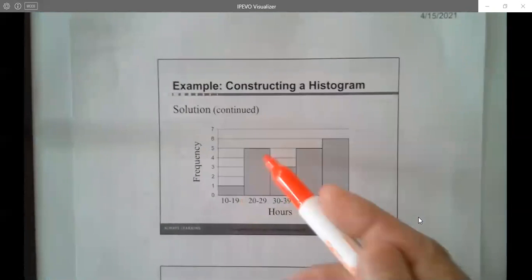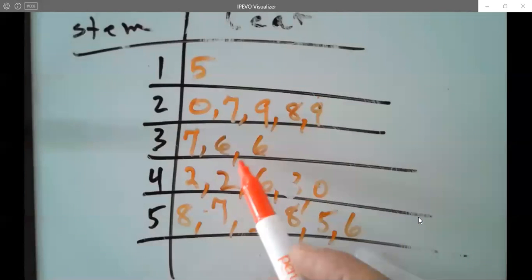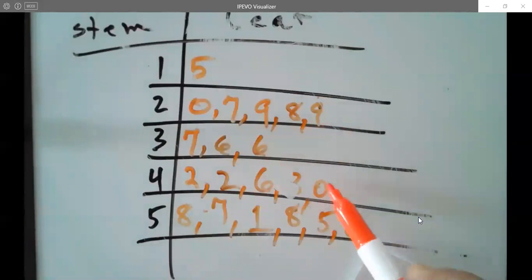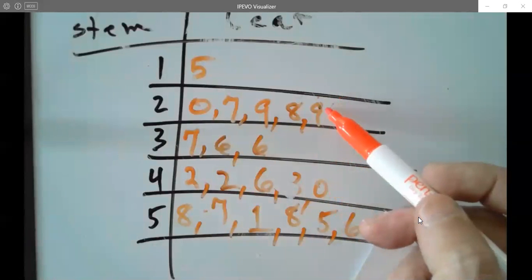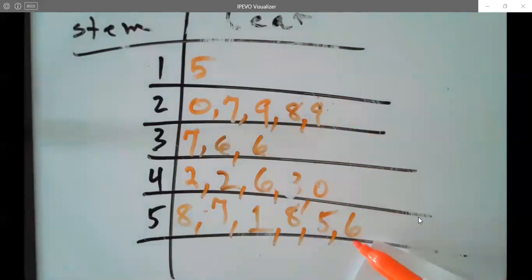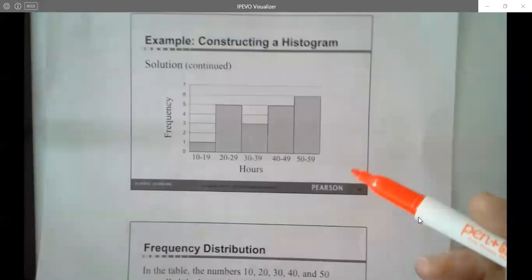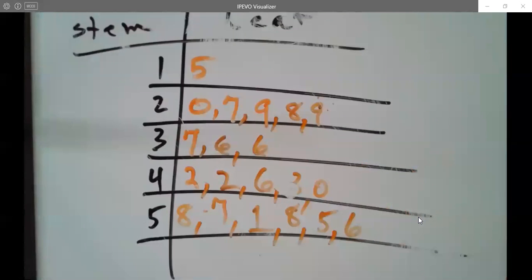You can see the 20s are larger than the 30s, the 40s are the same as the 20s, and the 50s are the largest, just like on the histogram. Okay? All right, and so that's the stem and leaf display. Any questions with that?